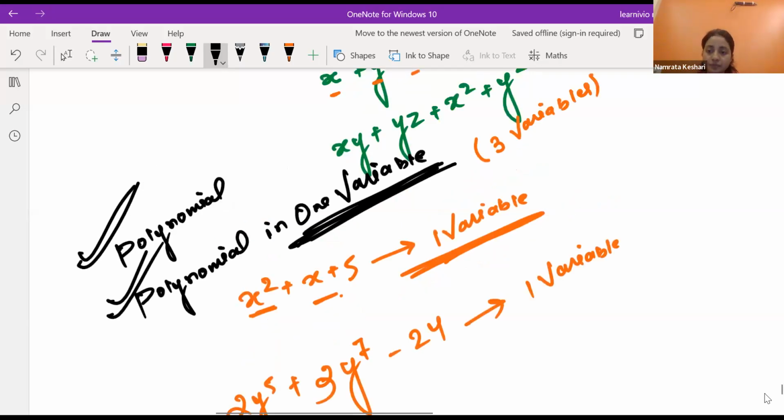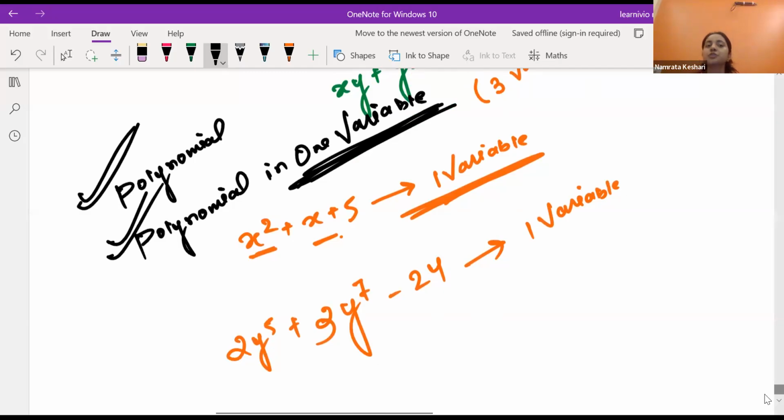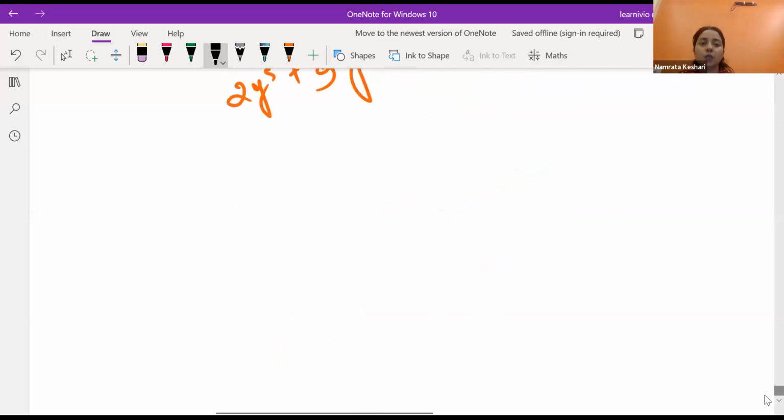Now, next condition, which is also really important. It says that first check in your expression, is there only one variable included?